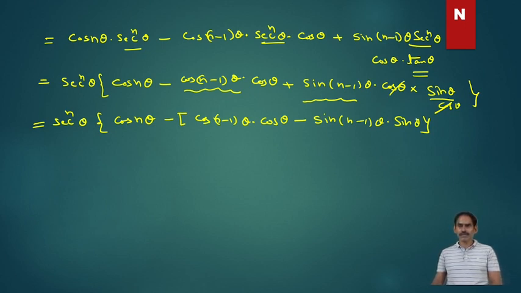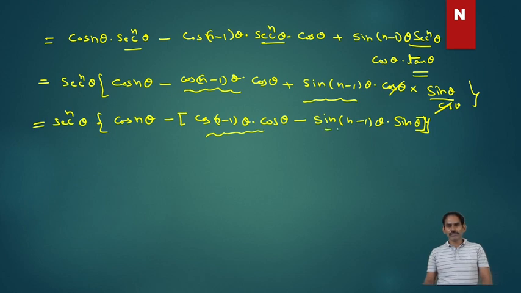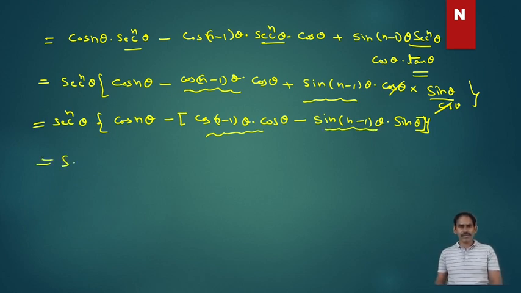This is the remaining. Now it is in the form of cos A cos B minus sin A sin B.